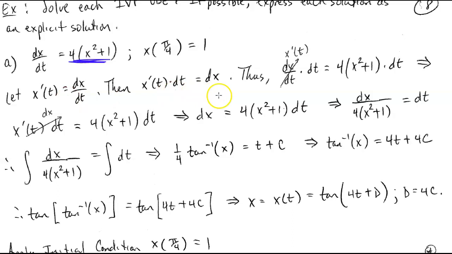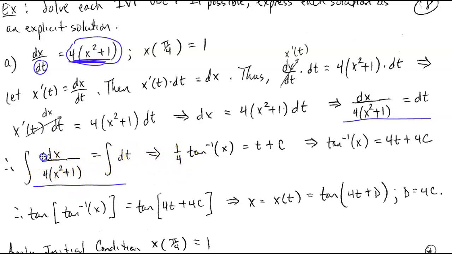And again, here I go through the formal way of doing this, but essentially what I could do here is switch the place of dt and 4 times x squared plus 1. If I switch the places of those, then it'll eventually start to look like what you see here. Okay, and then of course we integrate both sides, and I'm doing the indefinite integral there.